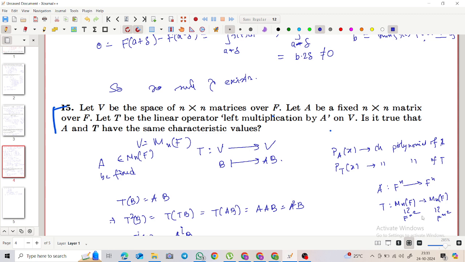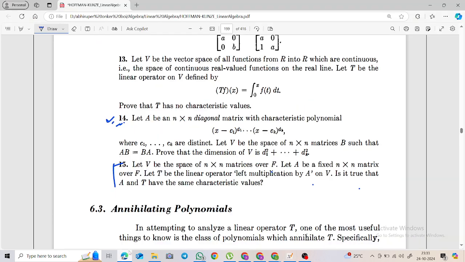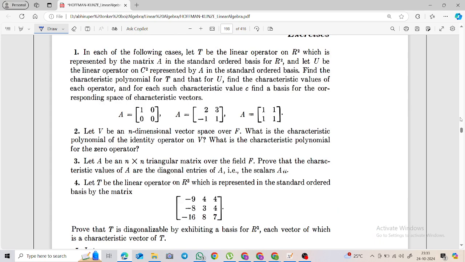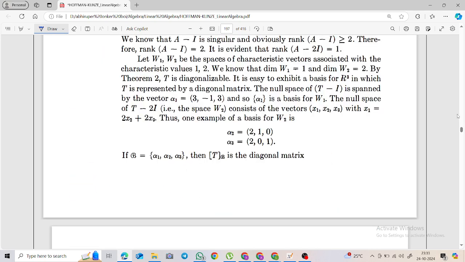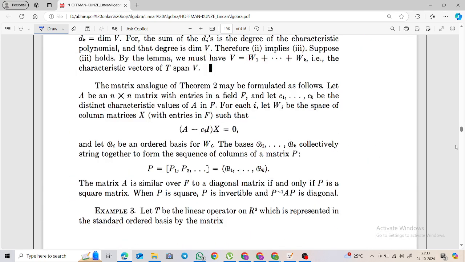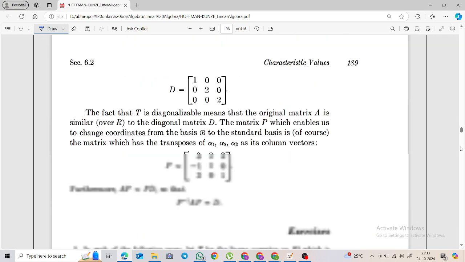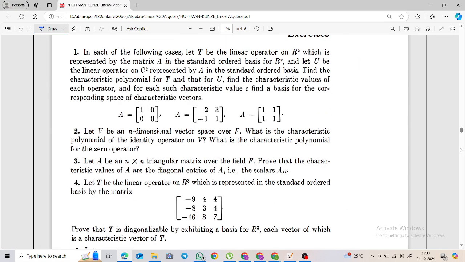Have I defined minimal polynomial in the class? I don't think I have defined minimal polynomial in the class. Once I define minimal polynomial in the class, it is done actually.